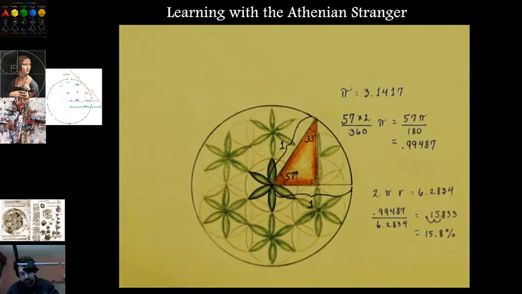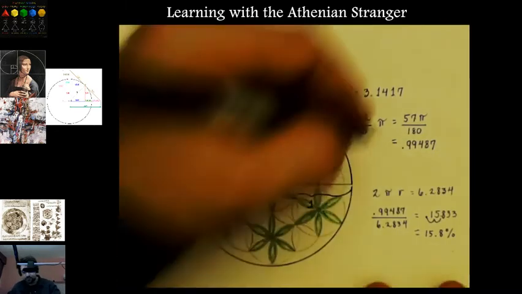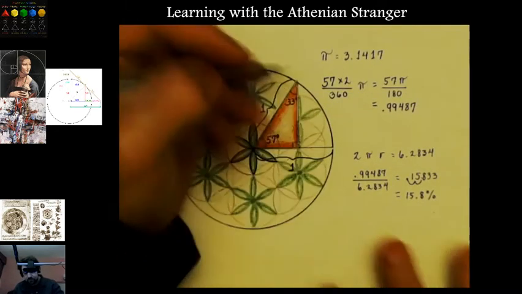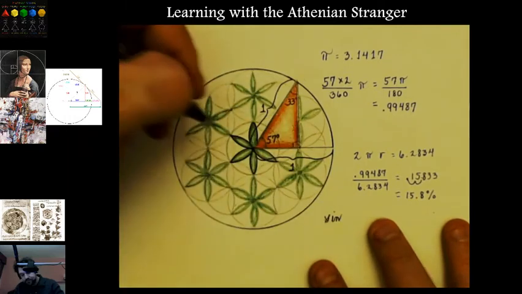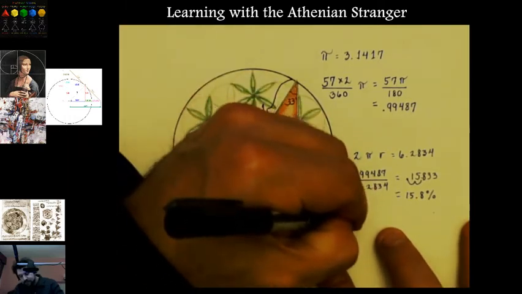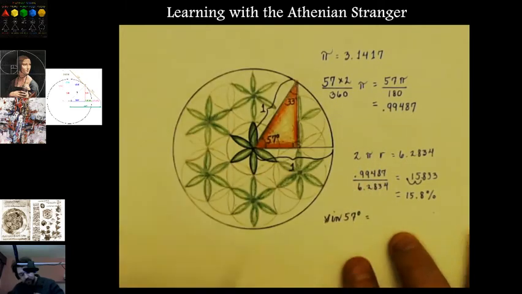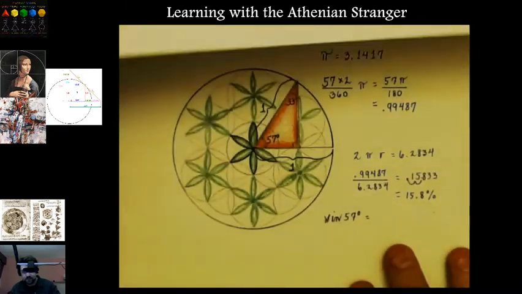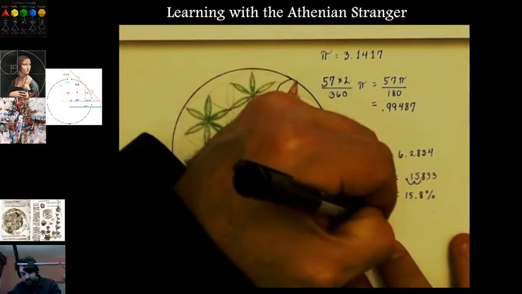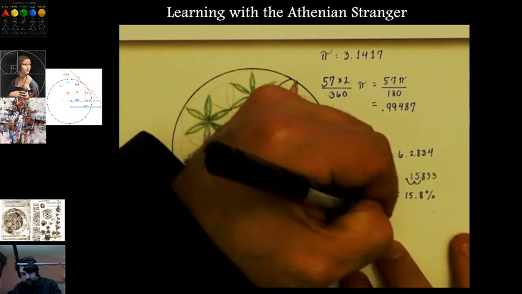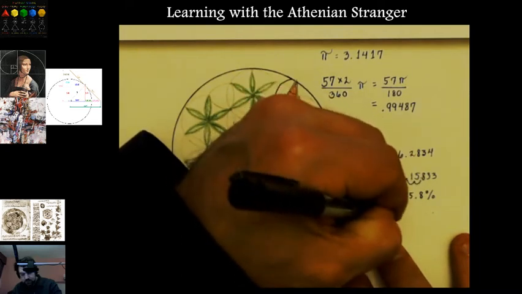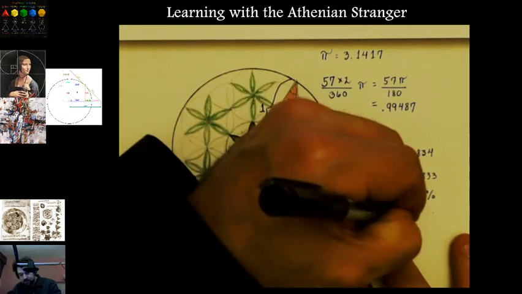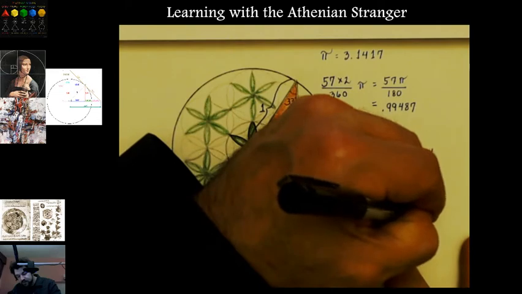So we know that this distance right here, if I make some space, the sine of 57 degrees equals, I'm going to refer back to this just to write it down, 0.838659 radians.